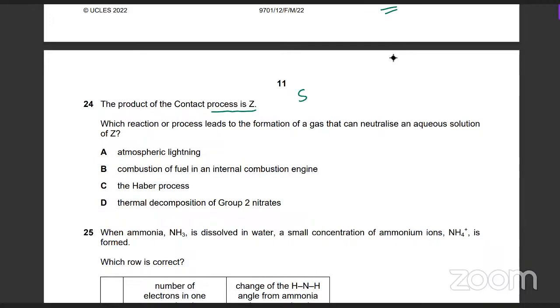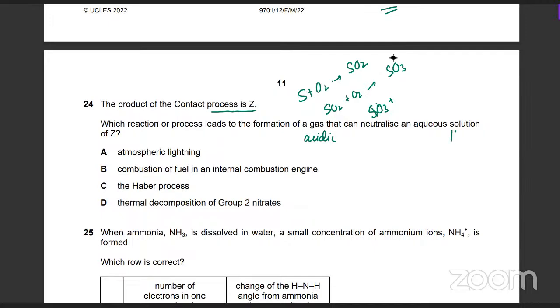H2SO4. Okay, so the products are always acidic. You get SO2, then you turn the SO2 into SO3, and then you react the SO3 with H2SO4. So basically it's all acidic, right? So all the products are acidic.